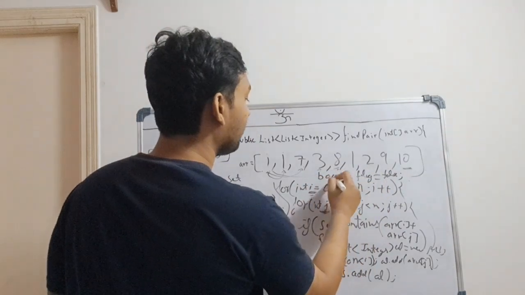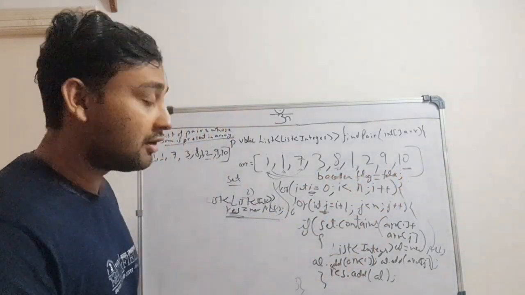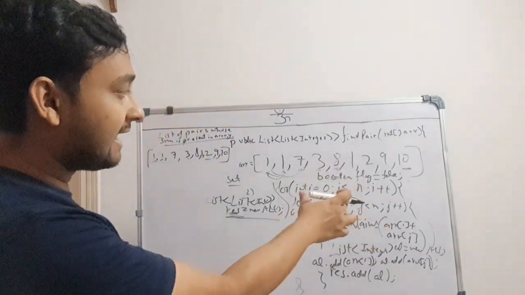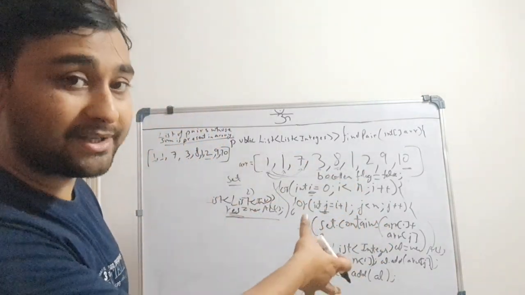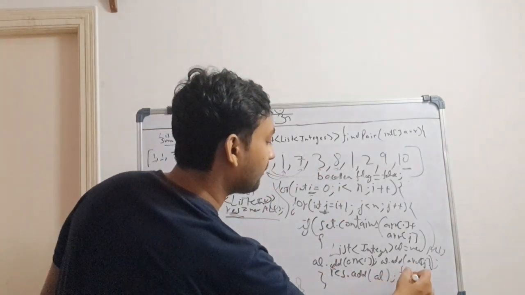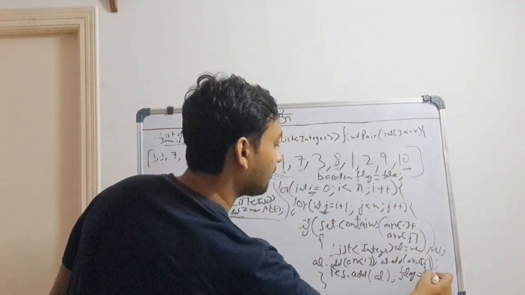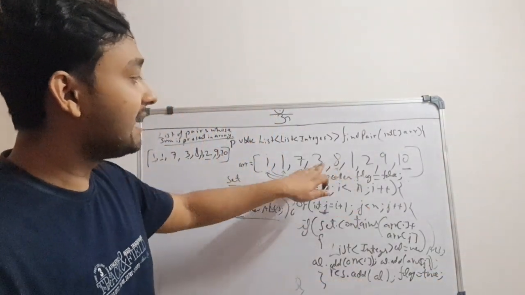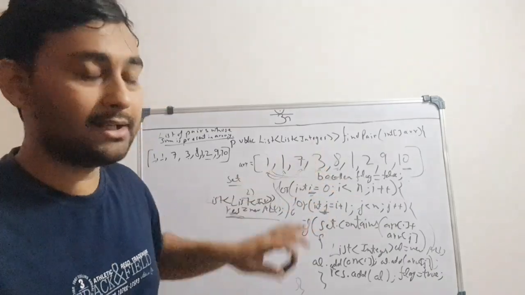If we have found that the set contains these two elements, so the sum is equal to an element present in the given array, I will make the flag true. That signifies that the element I have found is present in the given array.